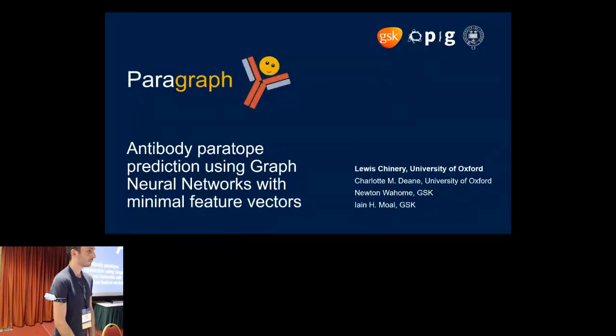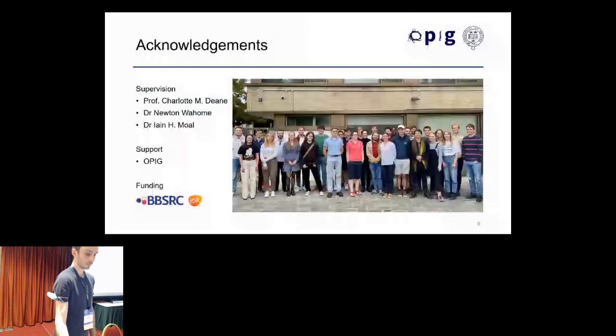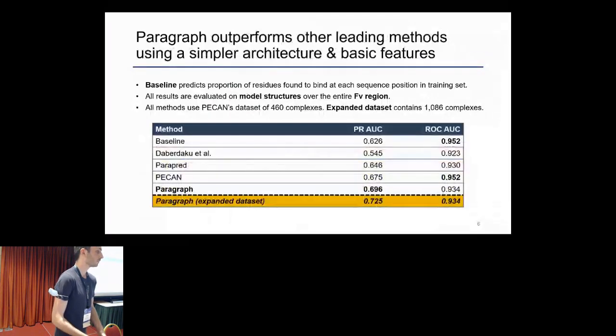Hi, thanks for a great talk. I'm really interested in your baseline, and I recognize that it is really important. Can you tell me a bit about the difference between ROC and precision-recall, and exactly why ROC is misleading in this case, but precision-recall is the right thing to do? Absolutely.